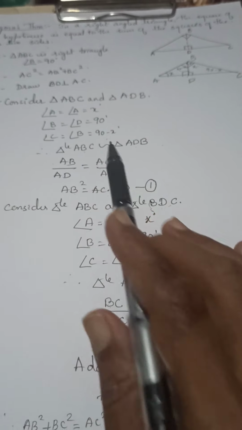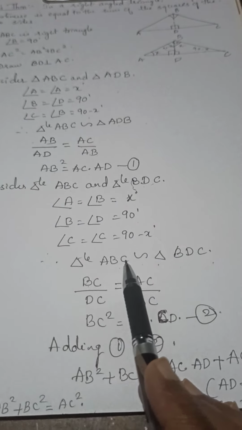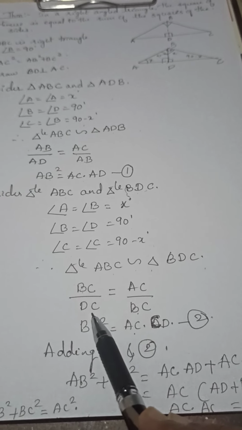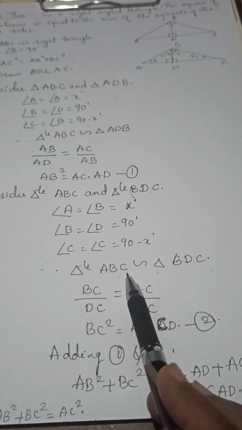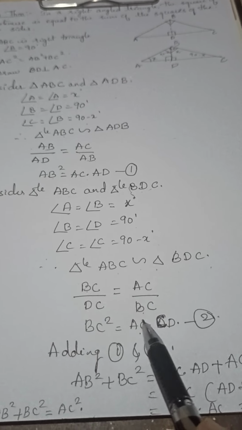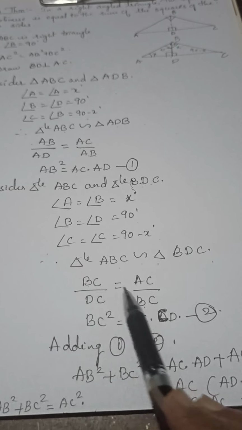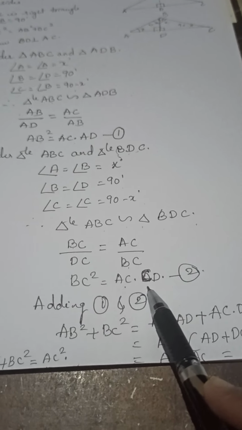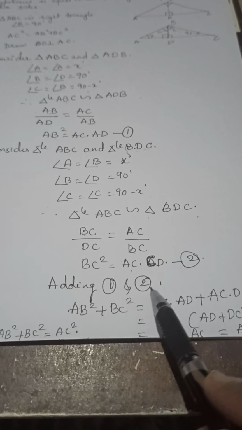So now the ratio again. First we have taken 1 and 2. Here we take 2 and 3. So BC upon DC is equal to, 1 and 3 again, AC upon BC, because we want the square. Here BC square is equal to AC into CD. Okay, adding 1 and 2.